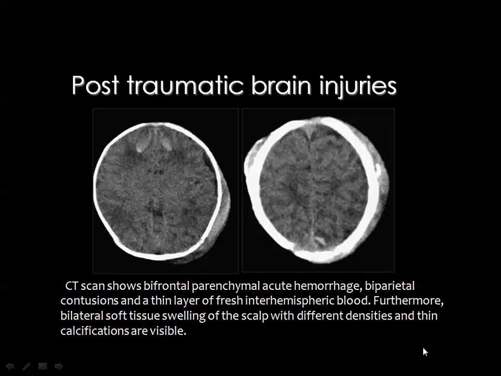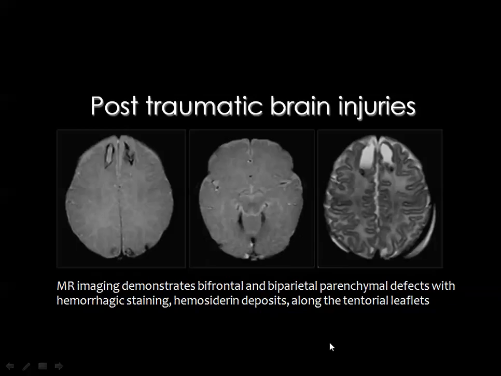Then this is a traumatic brain injury showing bilateral frontal hyperdensities representing hemorrhagic brain contusions, and a small hyperdensity in the posterior parietal region representing another contusion. Then outside the skull, you see a large subgaleal hematoma.